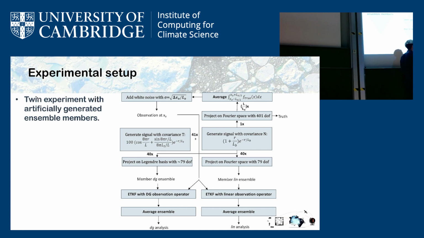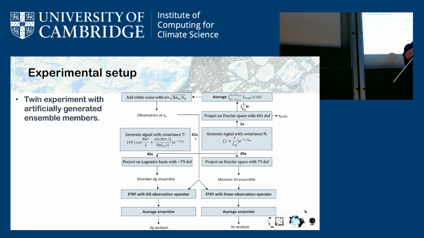Then 41 times we add a perturbation to it coming from another covariance. We keep one of those ensemble members apart, and then apply super-obbing to it to generate artificial observations. And we map the other ensemble members to lower dimensional grids.